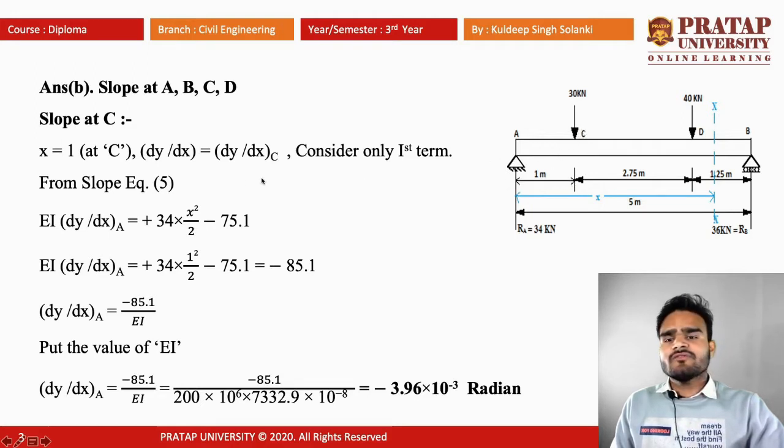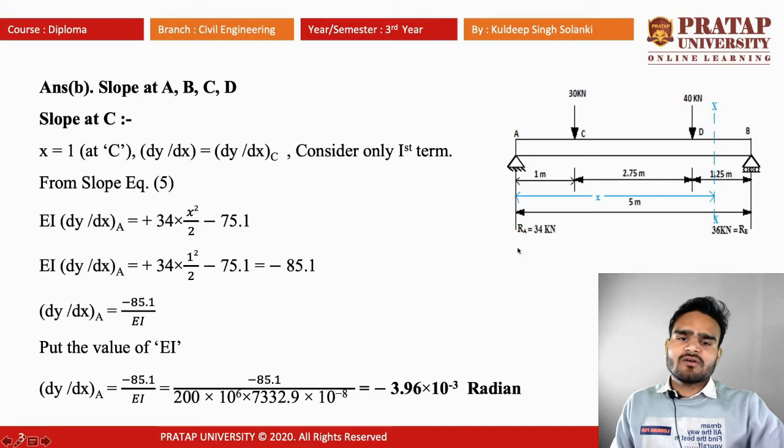At C, we are still in the A to C region, because the reaction is effective in the A to C region, the reaction and this force are effective from C to D, and all three terms are effective in the D to B region. So in this case, with x equal to 1, it is the A to C region.